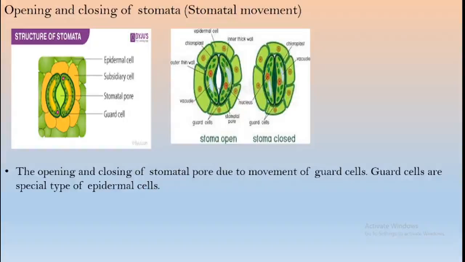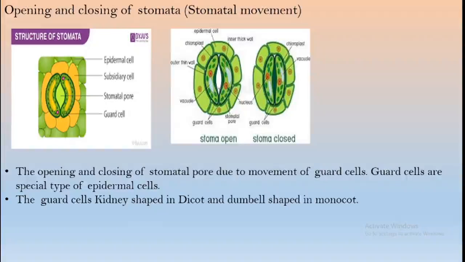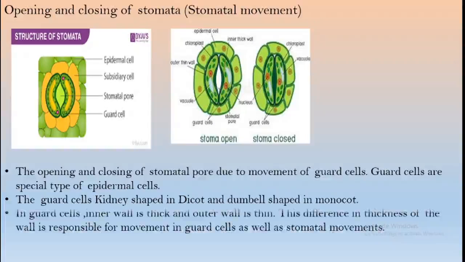The opening and closing of stomatal pore is due to the movement of guard cells. Guard cells are special types of epidermal cells because they show different structures. Guard cells are kidney shaped in dicots and dumbbell shaped in monocots, like grasses. They also show difference in their wall thickness.